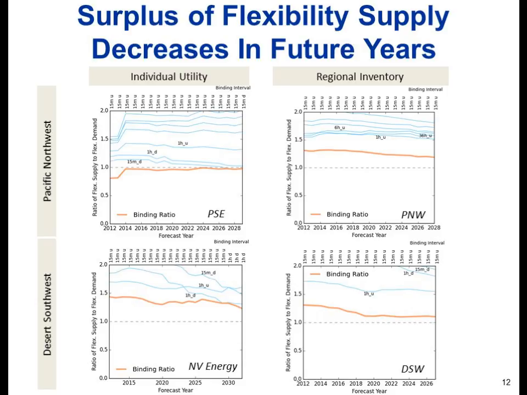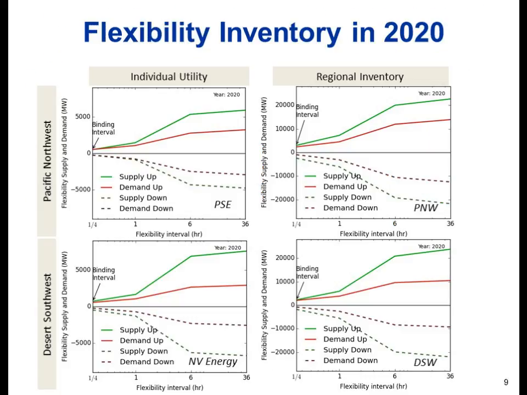I don't have any results in here, but one of the things that we saw was that as we increased the amount of renewables in the portfolio, the rate of growth in flexibility demand was faster over those longer time intervals than it was over the shorter ones.